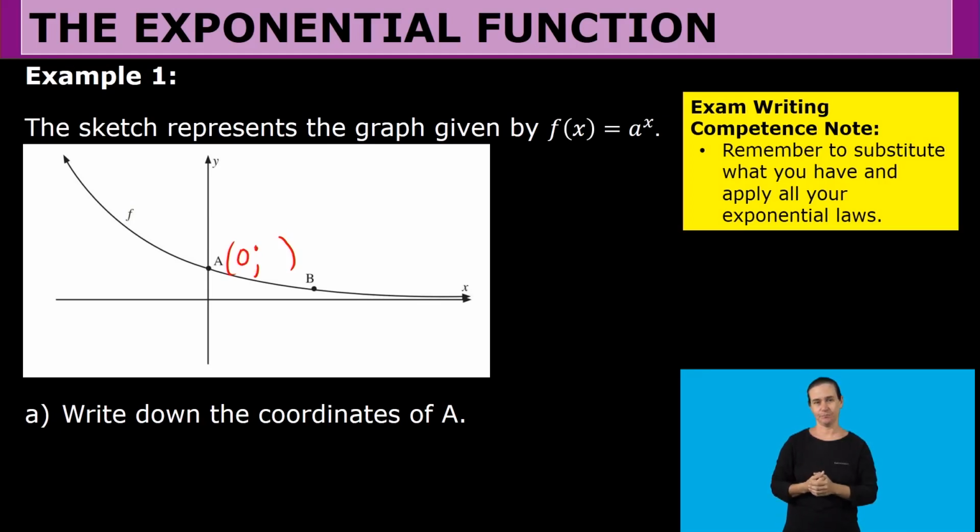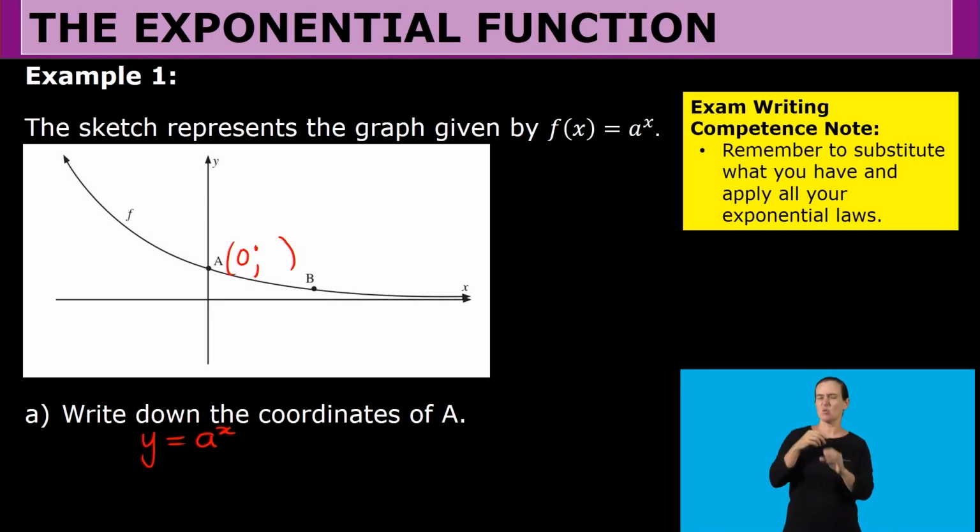So when we are going to find the y value of the coordinates of A, we need to use the given equation. Now, the given equation there is y is equal to a exponent x. Now, when it comes to this question, what mainly you might struggle with is that you do not know the value of a. But in this case, you do not need to know the value of a.